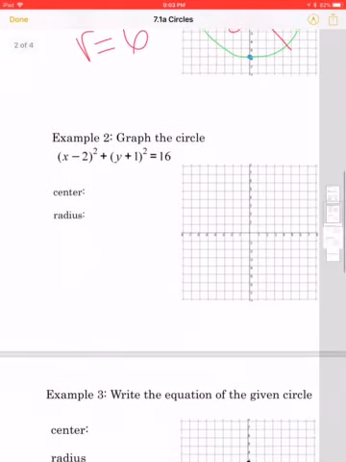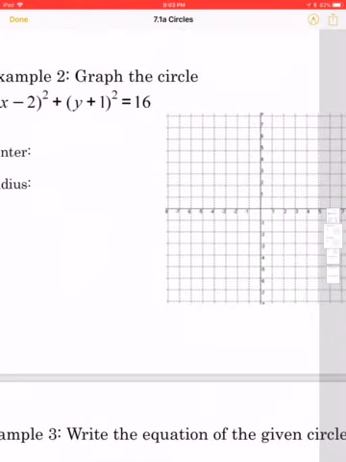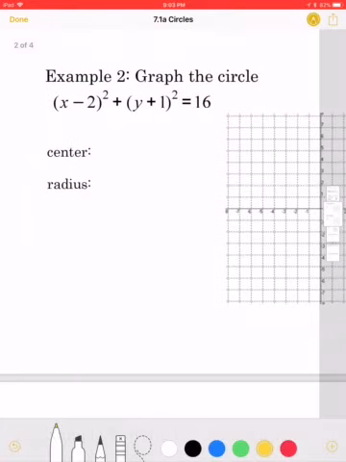Next example. In this example, the center, or the h, k, will be 2, negative 1.